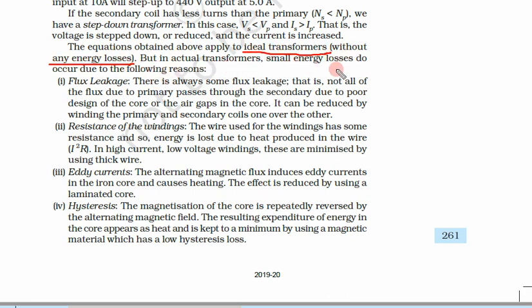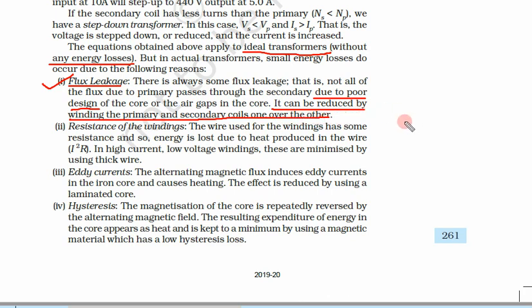But in actual transformers, some energy loss occurs due to the following reasons. First of all, there would be some flux leakage. So definitely not all the flux can be transferred to the secondary coil, and this is generally due to poor design. It can be reduced by winding the primary and secondary coil one over the other.